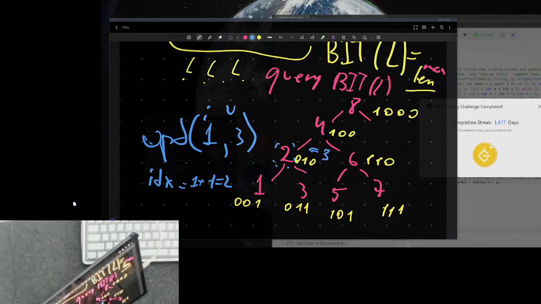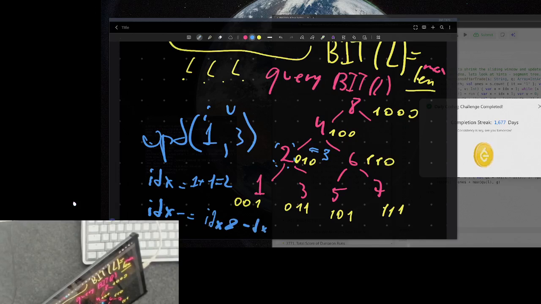Then we go to the suffix: idx minus equal the lowest bit, idx and minus idx.